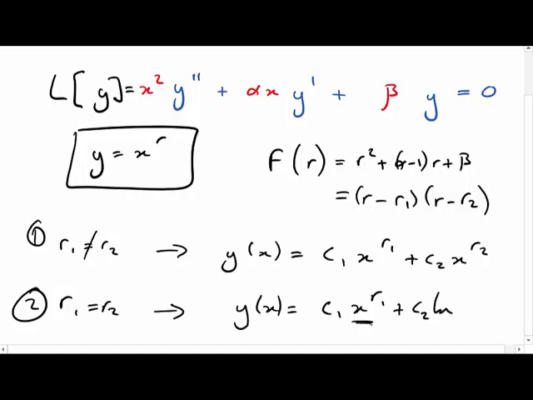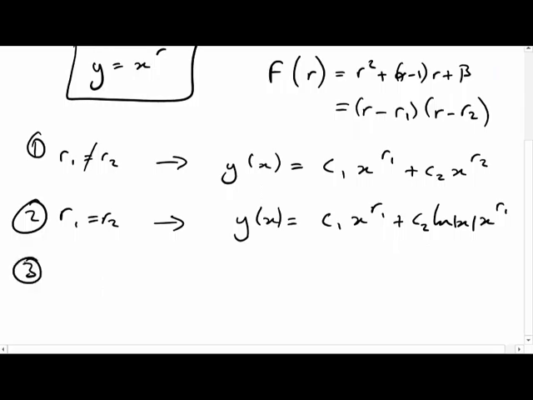We can't stick an x in front of it because we're already using x. So therefore we're going to have to use a natural logarithm of x to distinguish the two, times x to the power of r1.